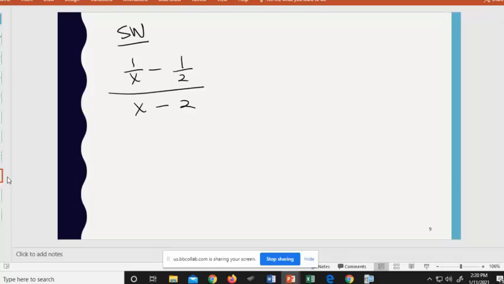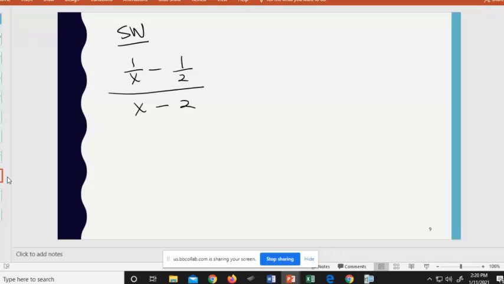So keep changing it. Okay, so you want to multiply by 1 over x minus 2. What do you think? Is that what you're trying to do? Or no? Tell me what. I guess I was just thinking we keep 1 over x minus 1/2, change the division, and then multiply by x minus 2 over 1.